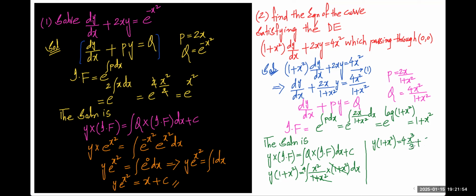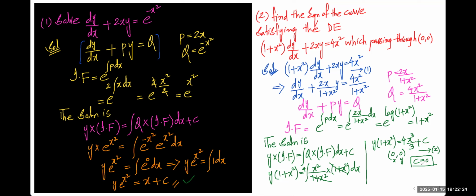Usually this problem is completed like this. But actually what happened here is there is some constant here. That point we have to substitute. Suppose this is second equation. Passing through the point 0, 0. So we put this in place of x and y. If you put here 0, the entire value will be 0, and if you put here again the entire value will be 0, you get your answer c value will be equal to 0.